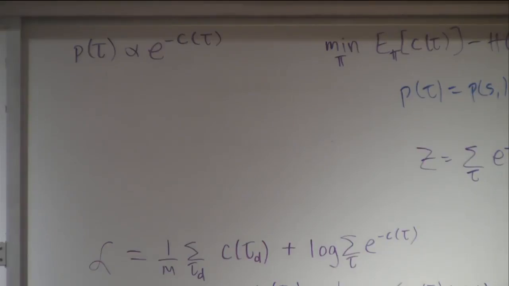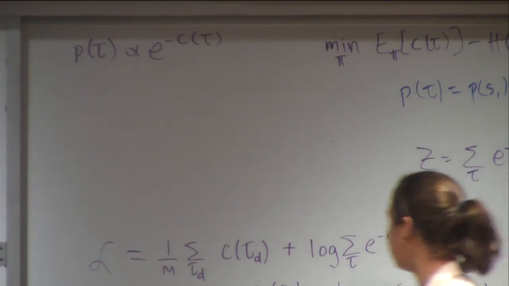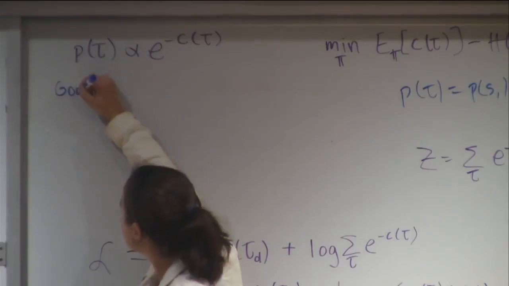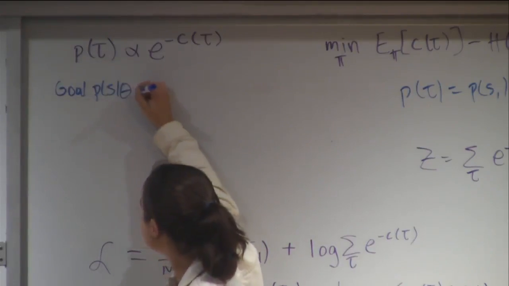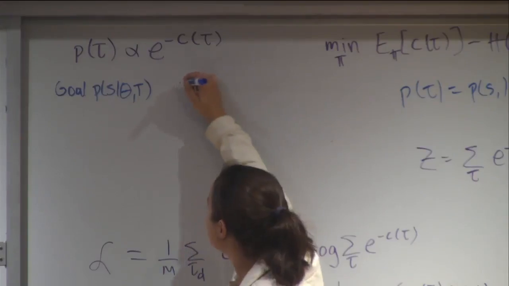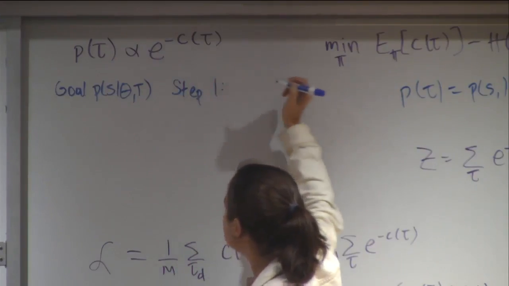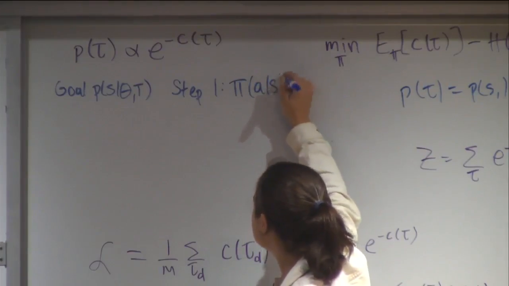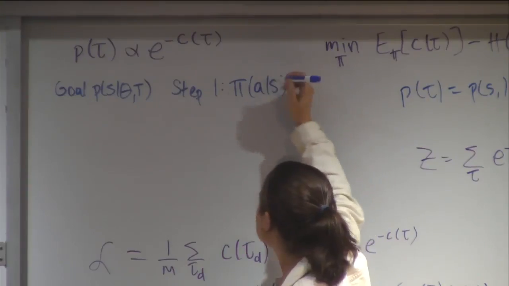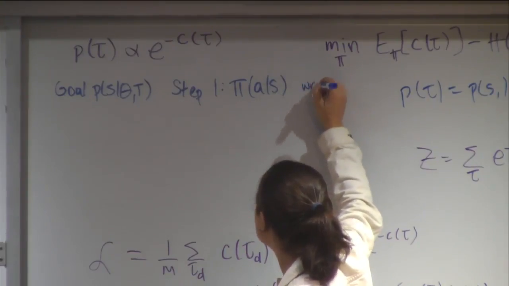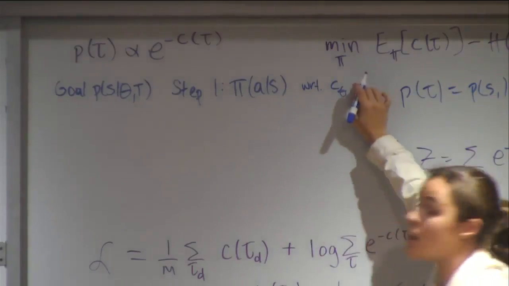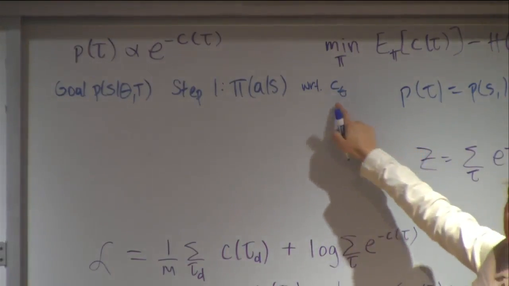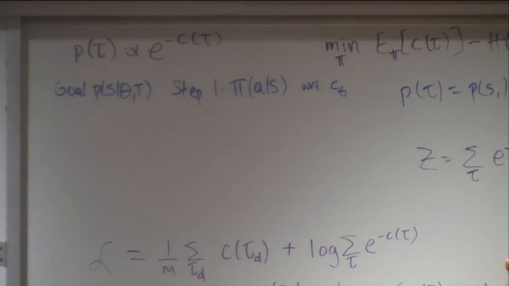Our goal is to compute P of s given theta and T. Step one is to compute pi of a given s with respect to c theta. This is our optimal policy with respect to our current value of our cost function.